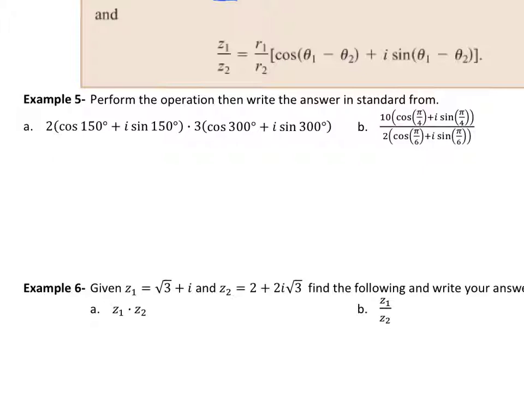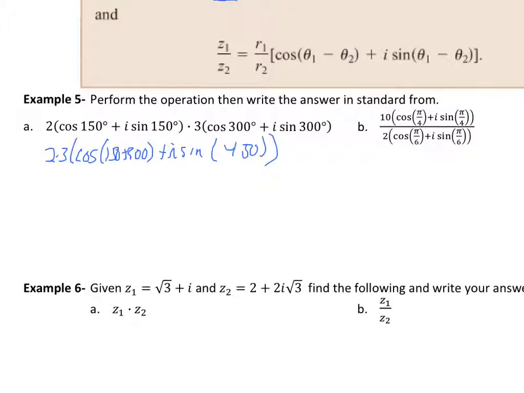In this case, we take 2 times 3 times the cosine of 150 plus 300, plus i sine. What's 150 plus 300? 450.